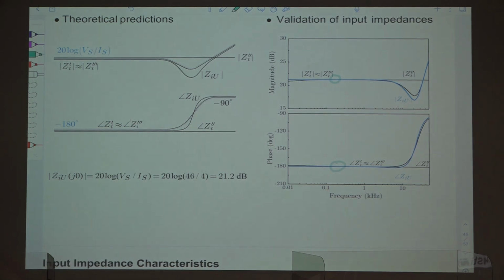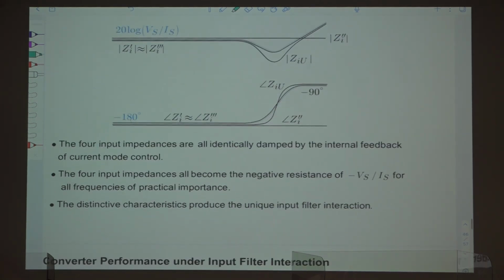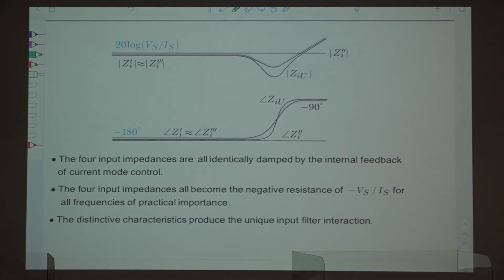Right? I wrote down here, again, four input impedances are all identically damped by the internal feedback of current mode control. So internal current feedback. Okay.